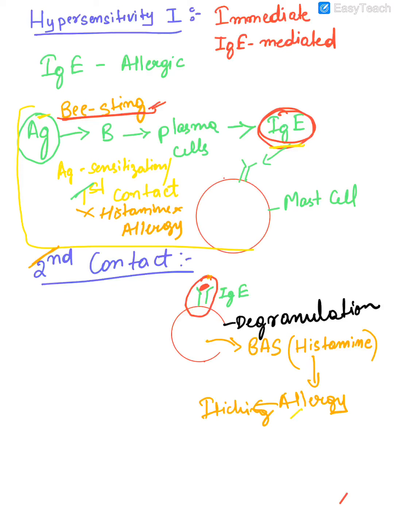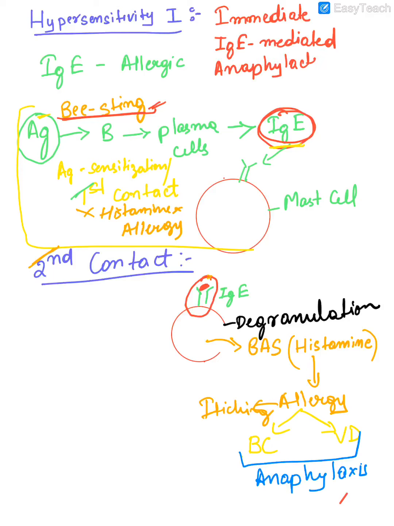Now the allergy will cause bronchoconstriction and vasodilation. These bronchoconstriction and vasodilation together are called anaphylaxis. So we got another name for hypersensitivity type 1, that is anaphylactic reaction.